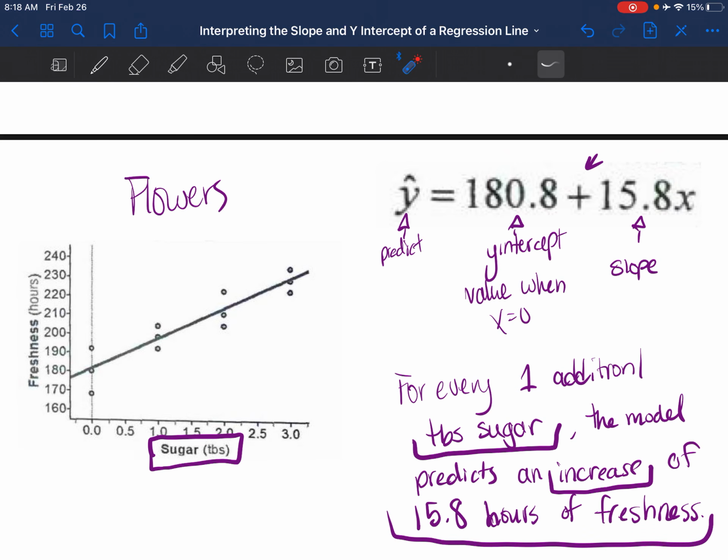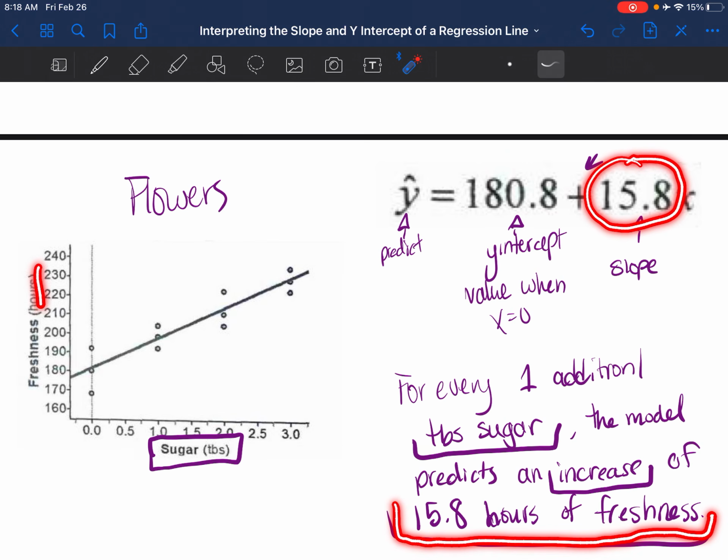So thinking for every 1 additional tablespoon of sugar, the model predicts an increase, because it's positive and it goes up, of 15.8 hours of freshness.